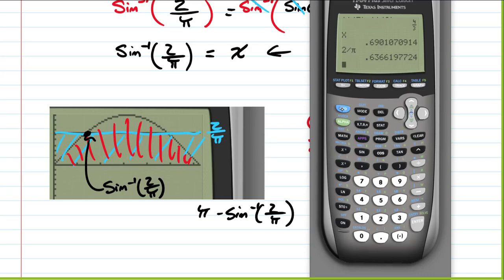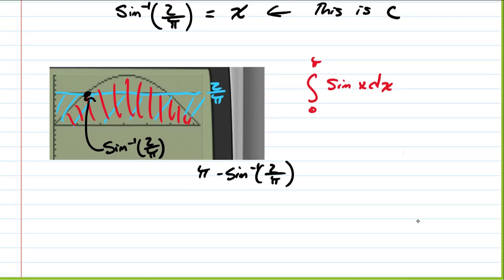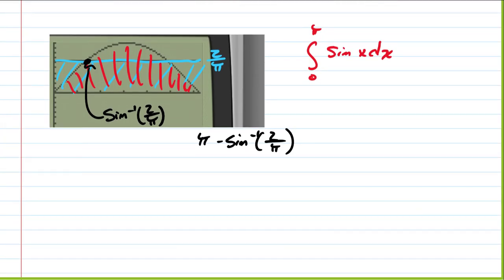We need the inverse sine of 2 divided by pi. My bad. Let's type the right number in. And there we go. We get the same value as we should, right? Because we found the value where that happens, the input that has the output that we are looking for. And that output was 2 over pi, not the input. All right. So that is what our mean value theorem for integrals represents.